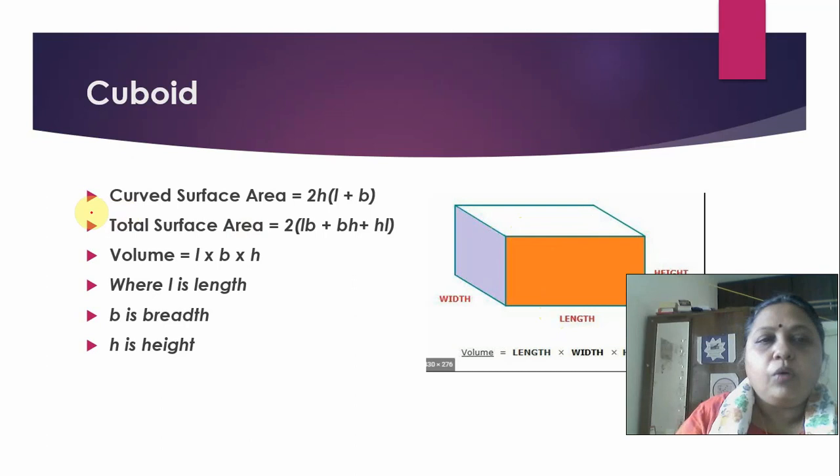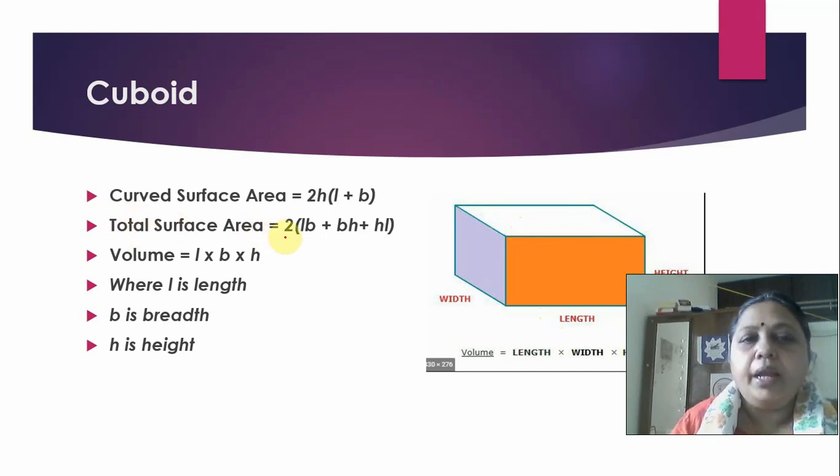Okay. So now we'll go to the total surface area of a cuboid. It is 2 into (lb plus bh plus hl), where l is the length, b is the breadth, and h is the height. Here, all the 6 faces of the cuboid are taken. That is, how many faces does a cuboid have? It has 6 faces.